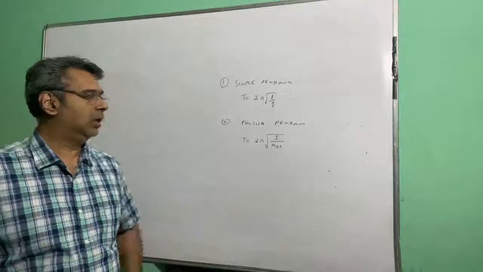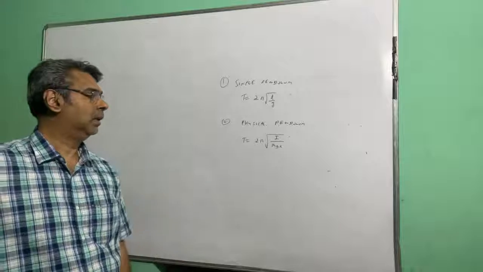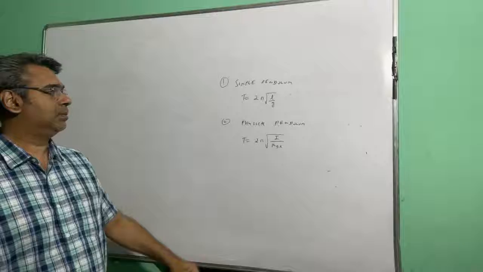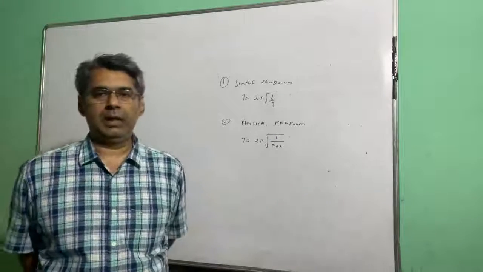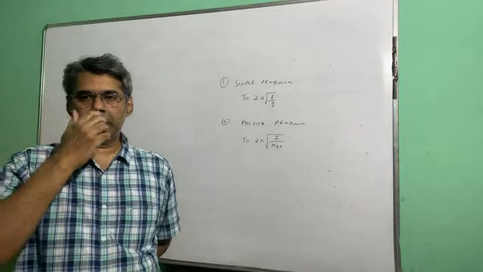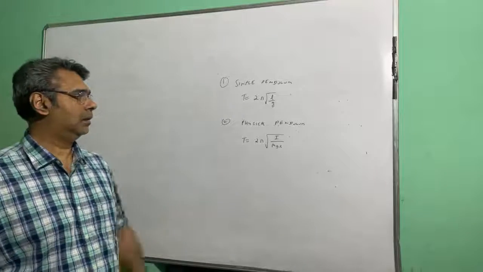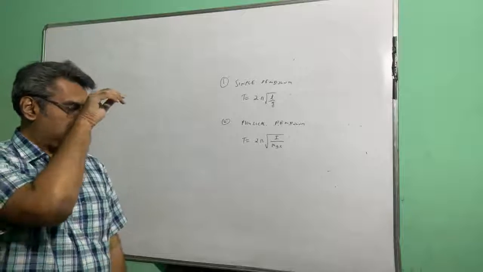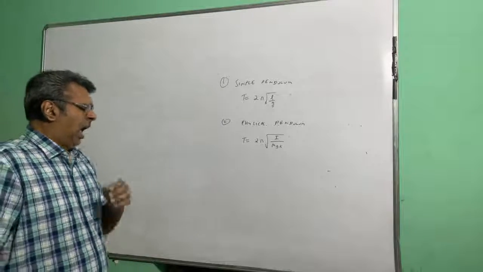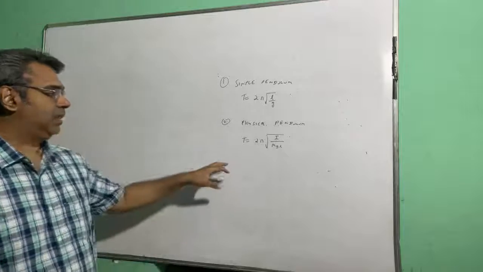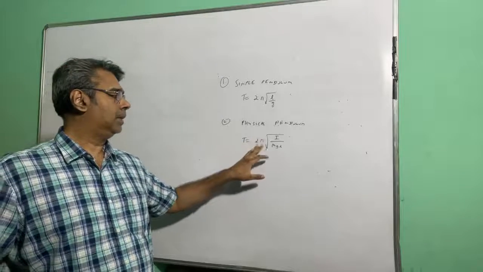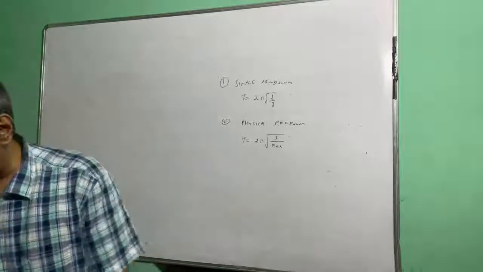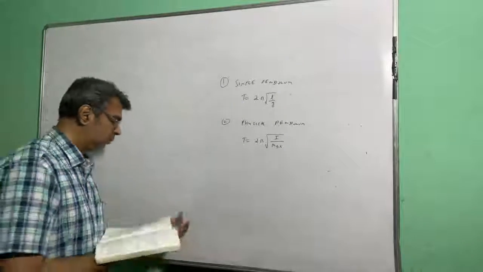The thing which matters is the length of the pendulum, that means the length of the string, and acceleration due to gravity g. In a physical pendulum, the time period is 2 pi root moment of inertia by mgl. Now, what exactly is this formula all about?